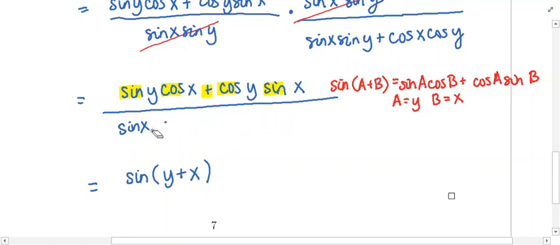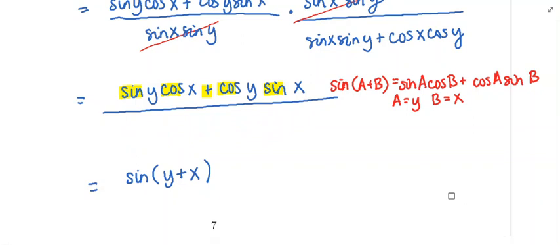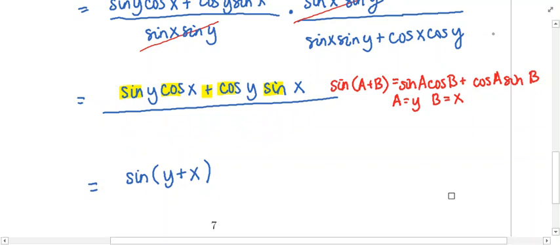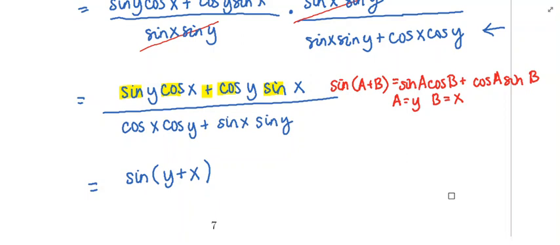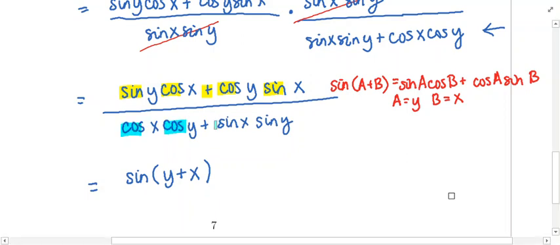The order doesn't matter for addition. So what I'm going to do is just reorder the bottom. If I come back to this step up here, because I'm adding, I can do it in either order. I'm going to put the cosines first. This is the same thing as cosine x cosine y plus sine x sine y. And now I'm dealing with cosine cosine plus sine sine.